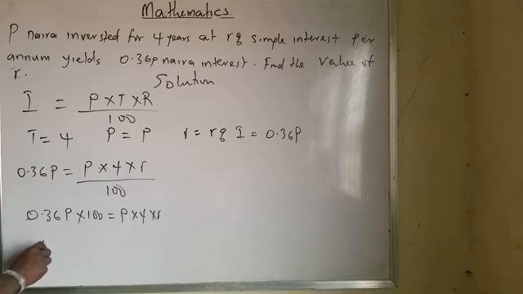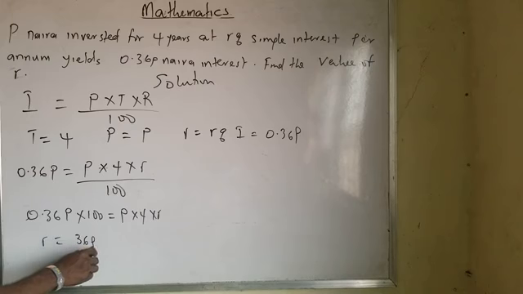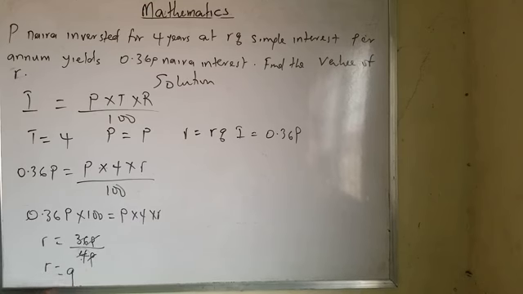It means my R will be equal to 36P divided by 4P. This will cancel this. Here, my R will be 9. That is 9%. That is what I am to obtain there.